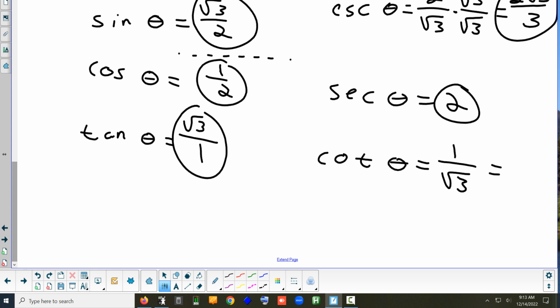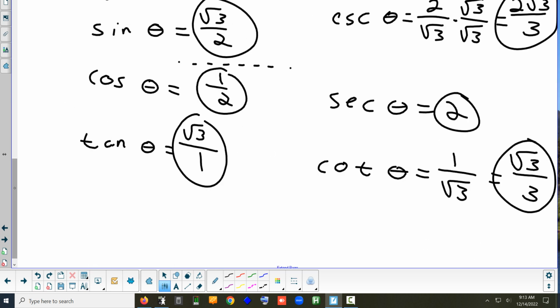And can anybody tell me what that would be once you fix it? Yep. 1 times the square root of 3 over 3. So I'm just going to say square root of 3 over 3, because 1 times the square root of 3 is just square root of 3. There you go. There's all 6 trig functions.